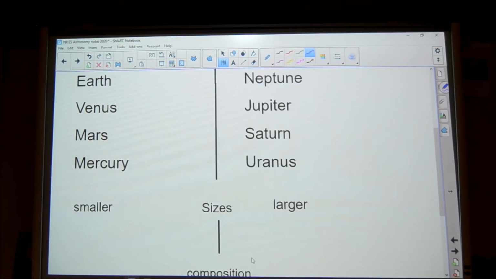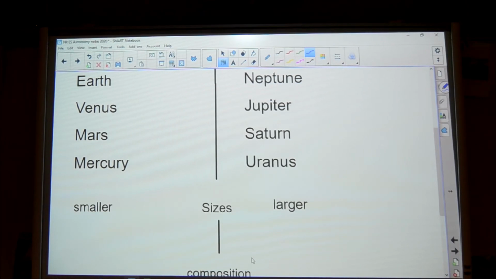The largest of the terrestrial planets is the Earth. But then again, if I look at my Jovian planets, my smallest Jovian planet is Neptune. Neptune is a lot larger, about 4 times larger than that of the Earth. So Jovian larger, terrestrial smaller.